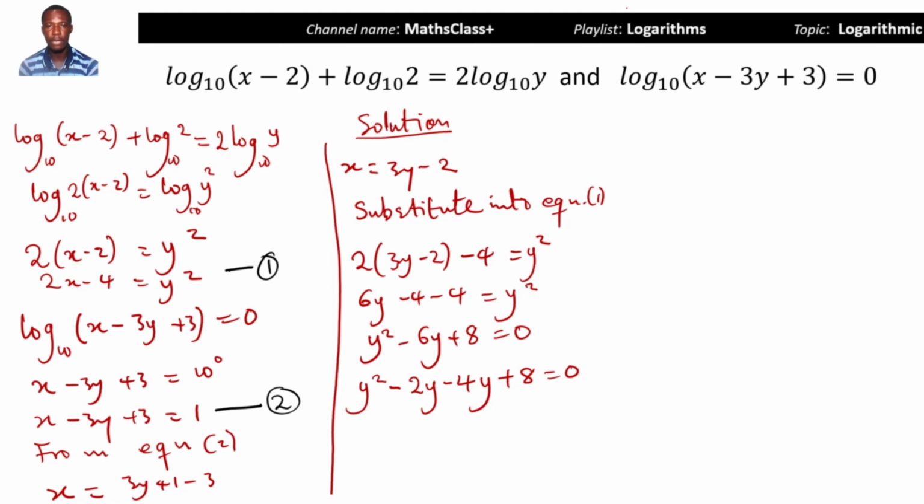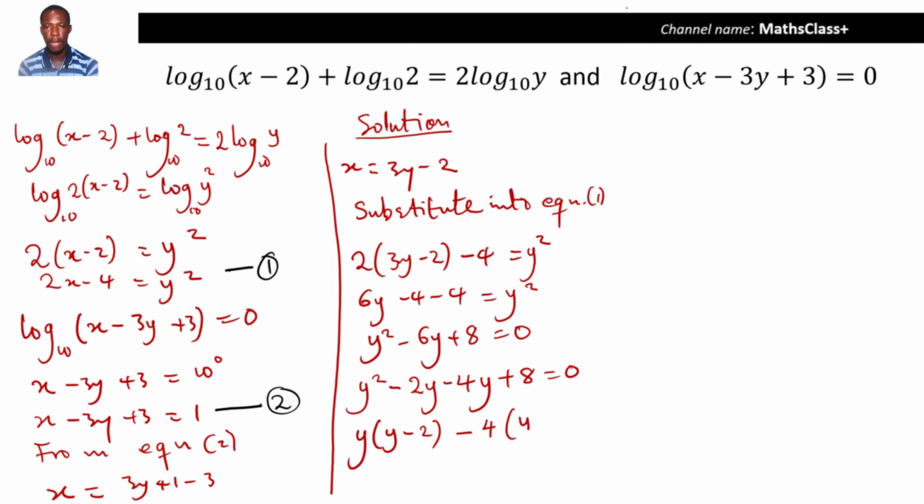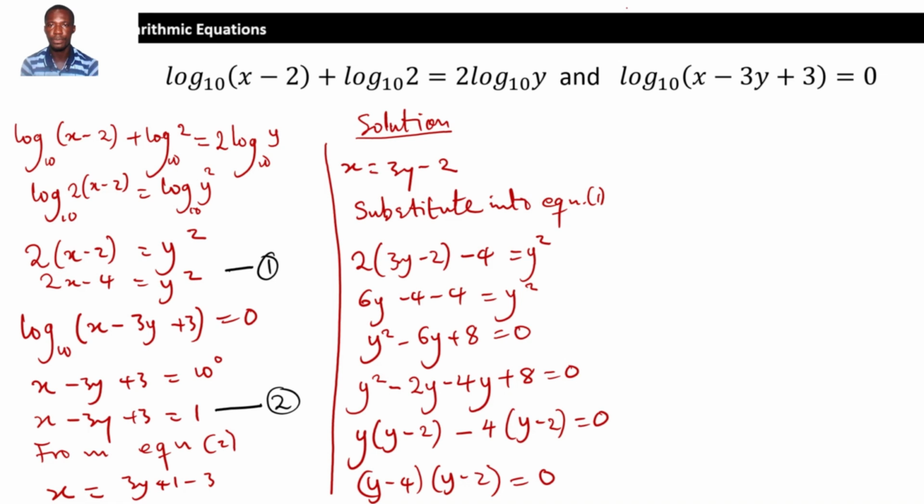So I factor out the y. So y bracket y minus 2. And then here I'll factor out negative 4. And I have y minus 2 is equal to 0. So I have y minus 4 on one hand, and then multiplying y minus 2, which is equal to 0.